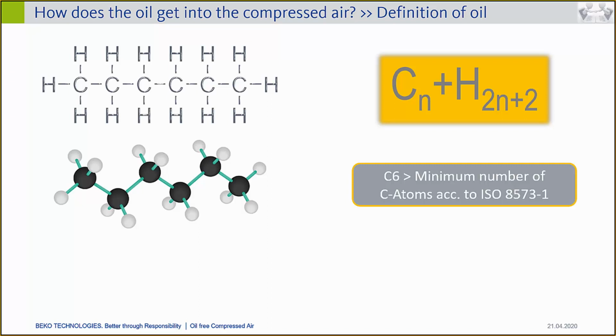That means once I have hydrocarbon molecules with shorter chains with fewer C atoms, these are not integrated into the ISO standard, but they may have an influence on your production. The shorter molecules mainly occur in the pollutions from the ambient, which are aromatics from flowers or trees, for example.